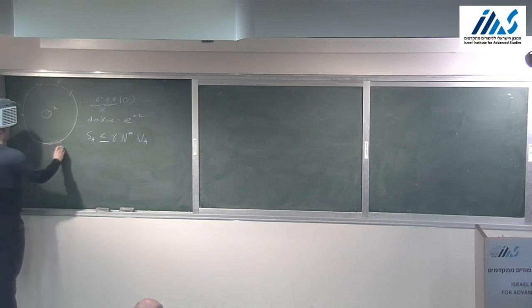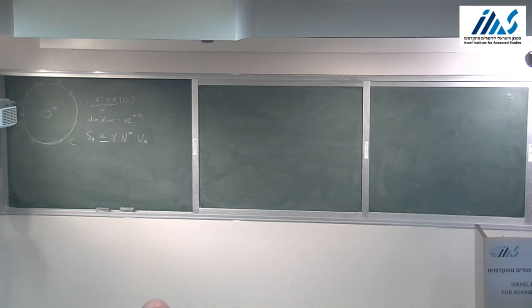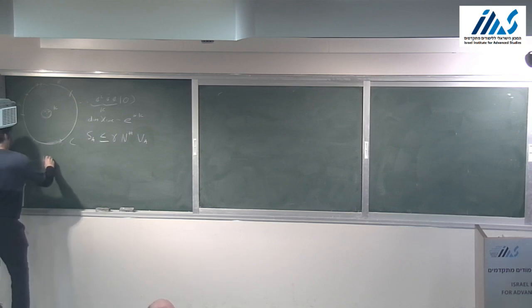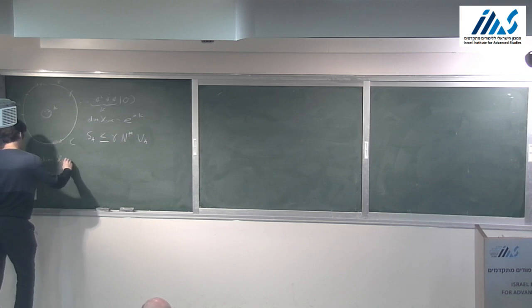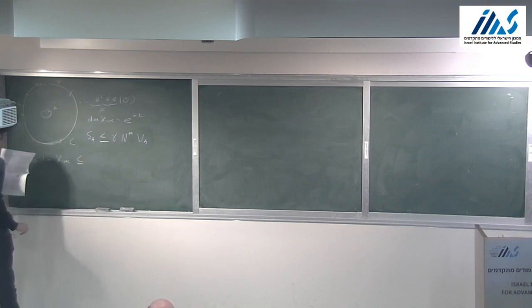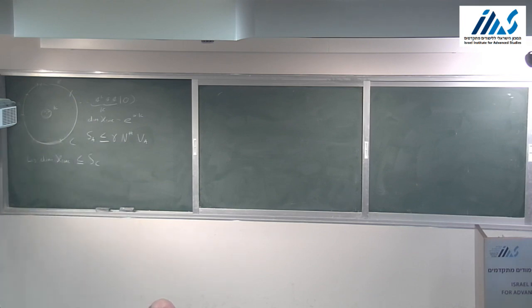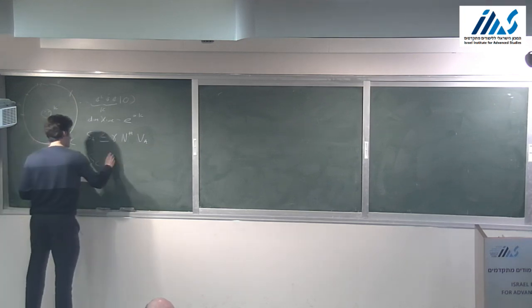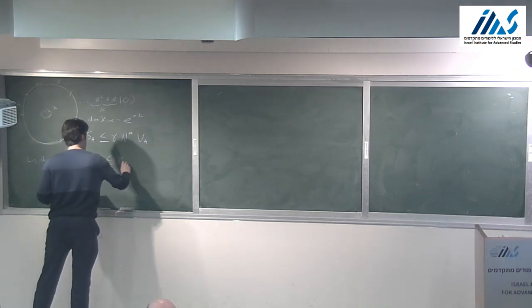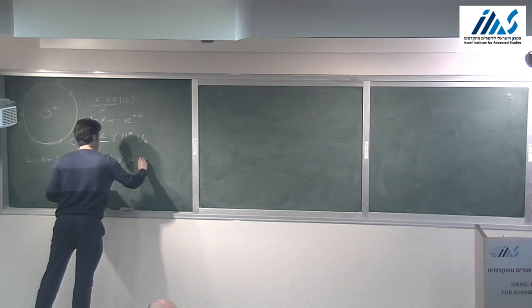And then I can call their complement C. And then the argument that we just did for the quantum singleton bound will tell us that the logarithm of the dimensionality of H code has to be less than or equal to the von Neumann entropy in the region C. So that's what we just showed. And then this we can bound by gamma times n sharp times the volume of C.